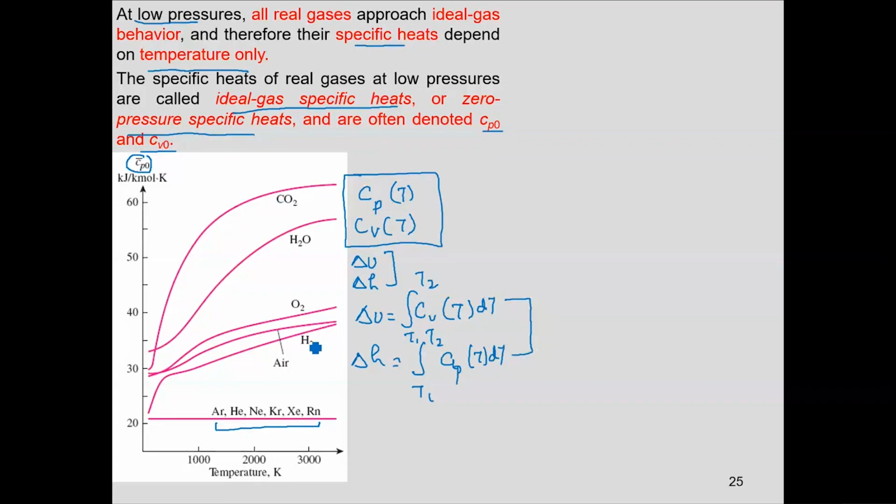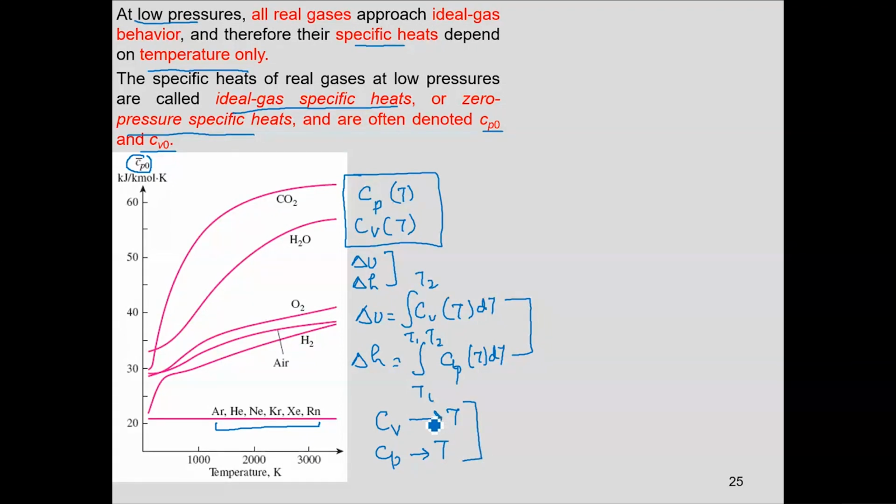There are three ways to find out the change in internal energy and enthalpy for ideal gases or real gases that approach ideal gas behavior. The simplest is if you have a relationship of Cv with temperature or Cp with temperature in order to integrate.